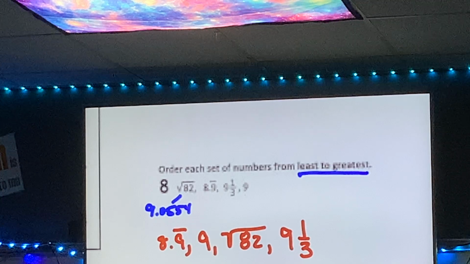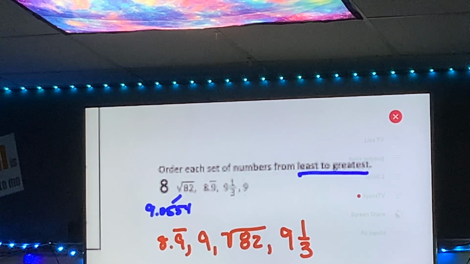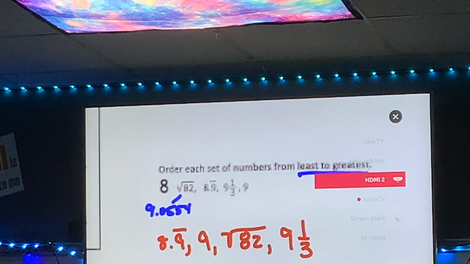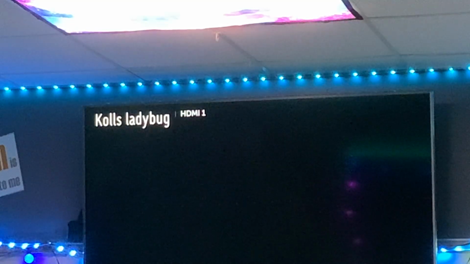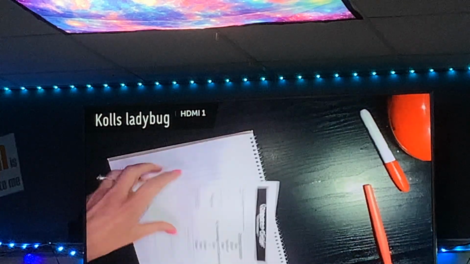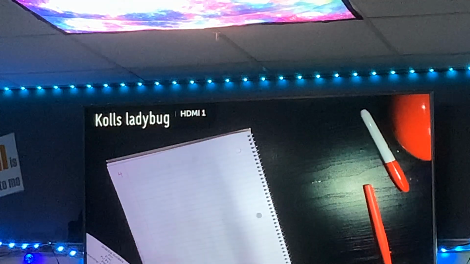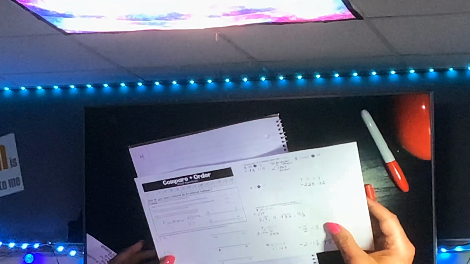Okay. Get out your note spiral, so we can glue in our items. We are on page 4. You're going to just take your paper and fold it in half. You are then going to glue this.